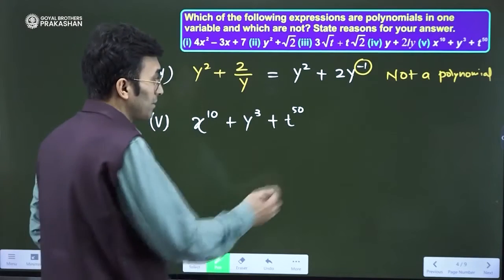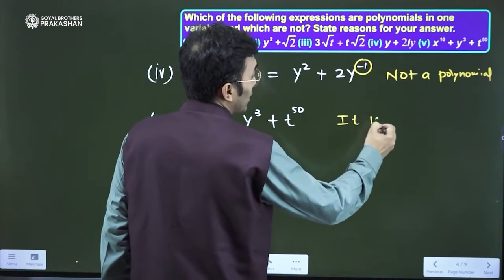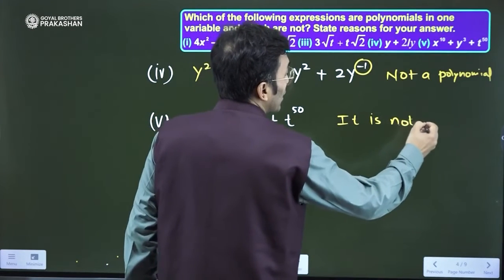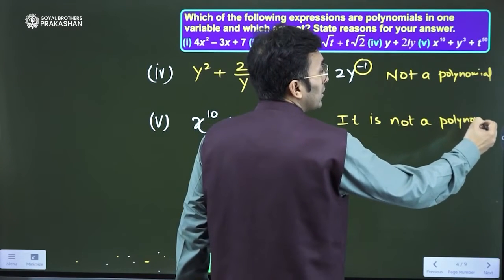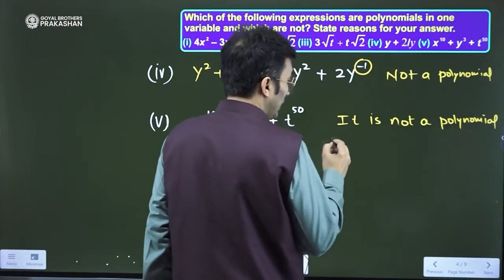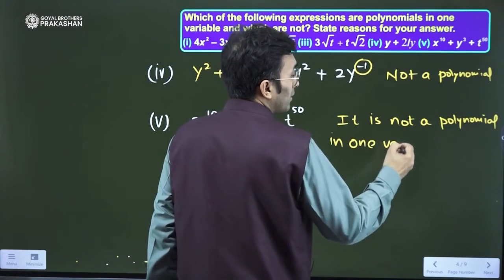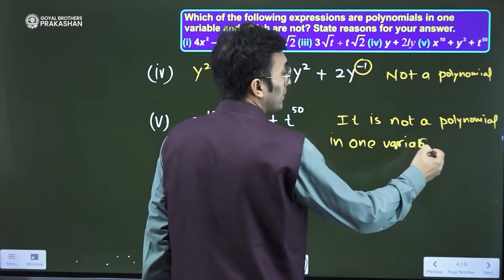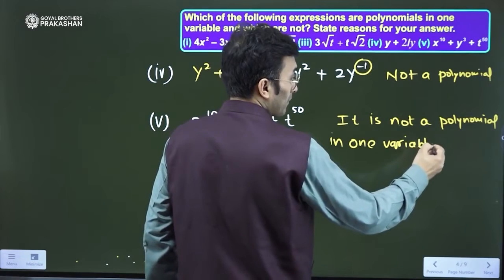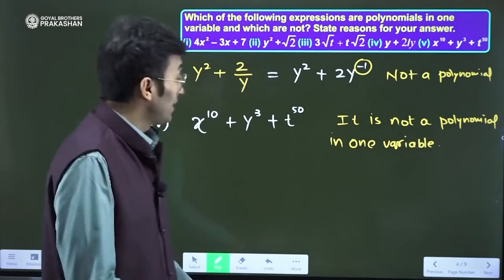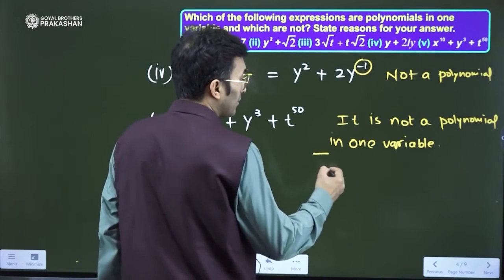So you will write it is not a polynomial in one variable, as it contains three variables, x, y and t.